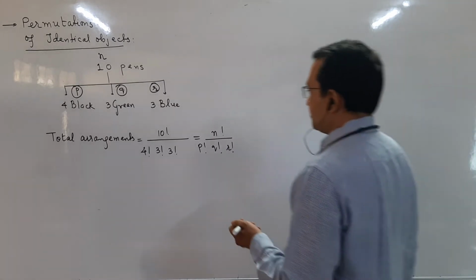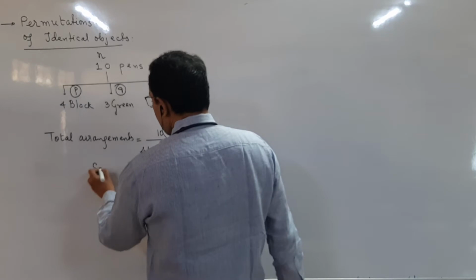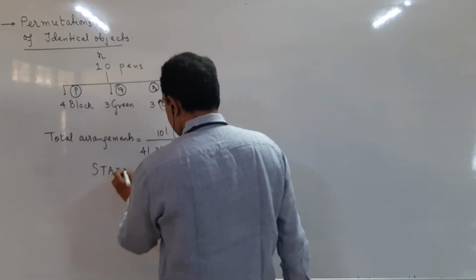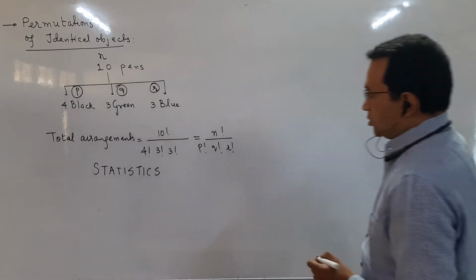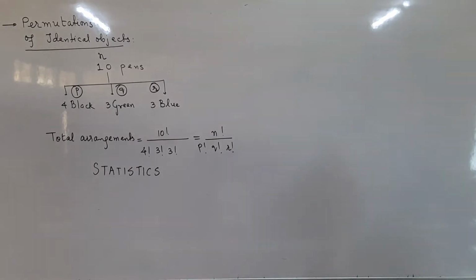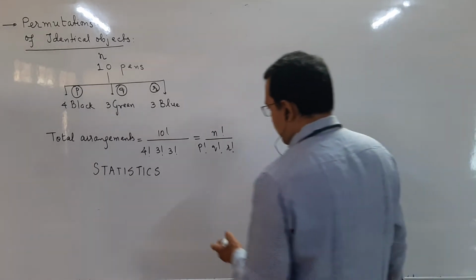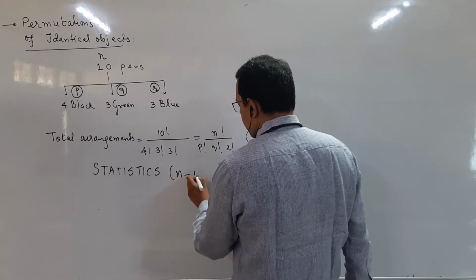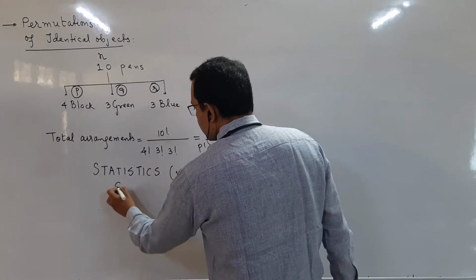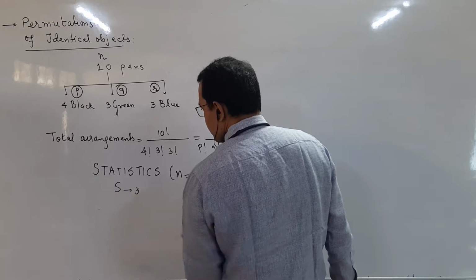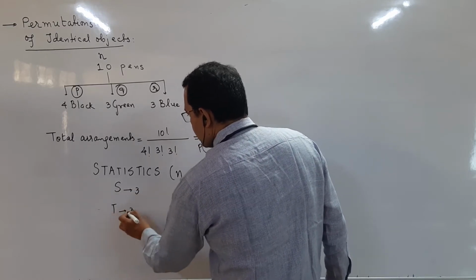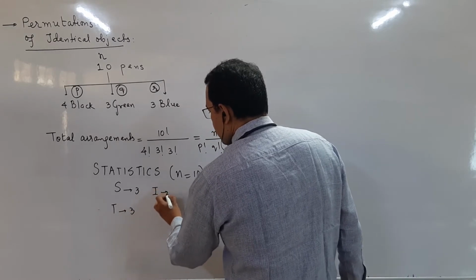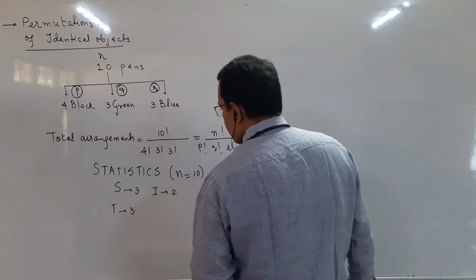Let us take one example. Say we have the word statistics. Now, the total letters are 3 and 3, 6 and 4, 10. So, n is equal to 10. Now, S is repeated thrice. T is repeated thrice. I is repeated twice.